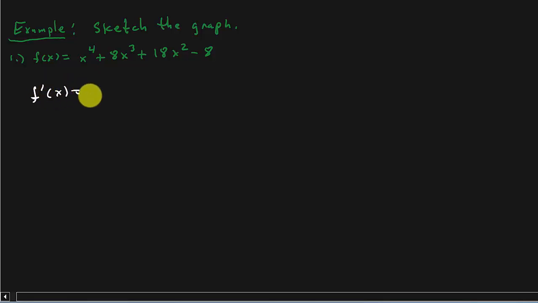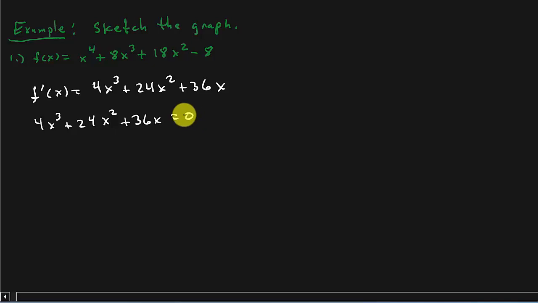All right, so take the derivative. That's 4x cubed plus 24x squared plus 36x, and we're going to set that equal to 0.